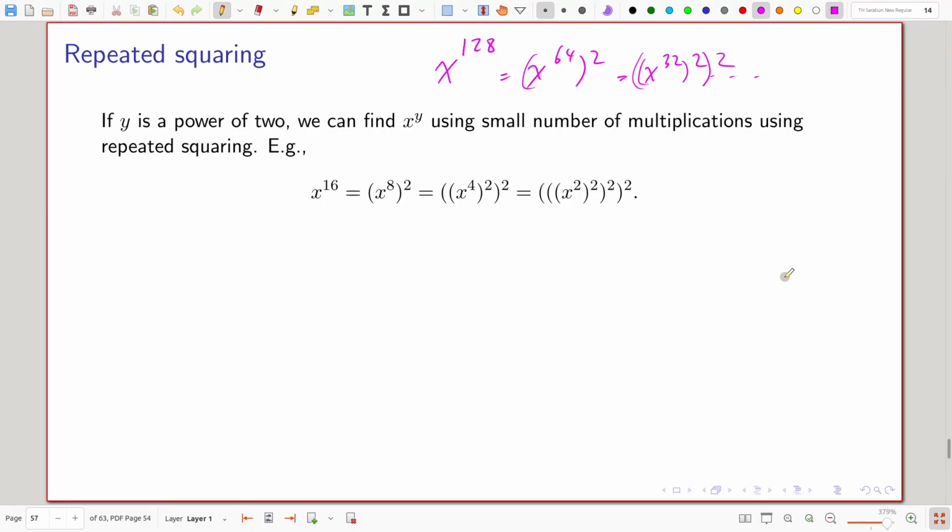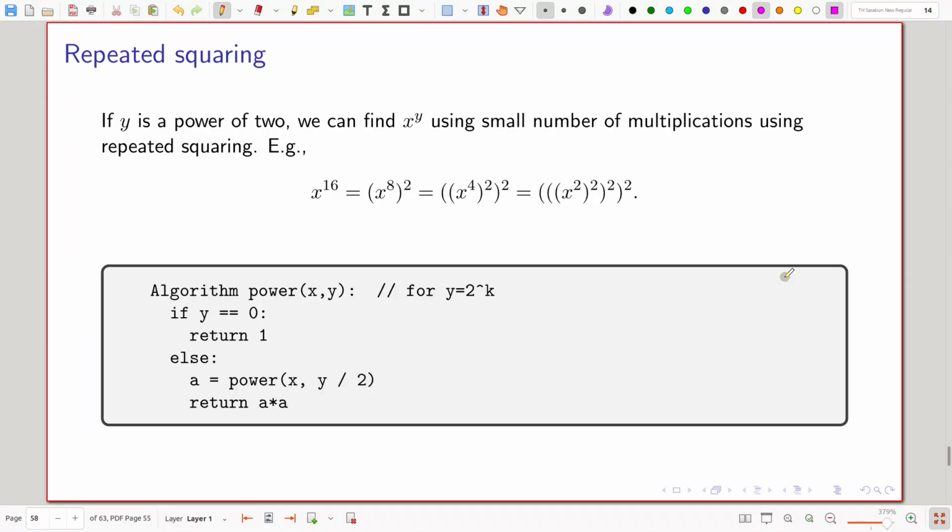Okay? How can we do that with general numbers? The same idea works. This is the algorithm for when the exponent is a power of 2. When you want to compute x to the y, you compute x to the y over 2, and then you square.